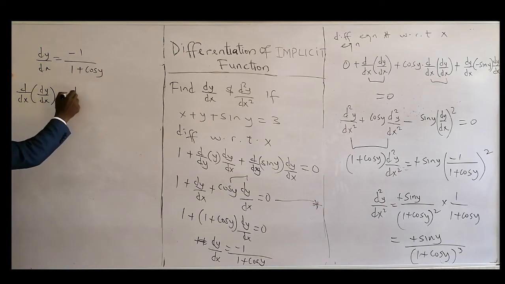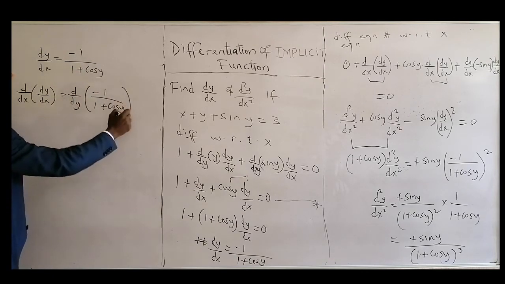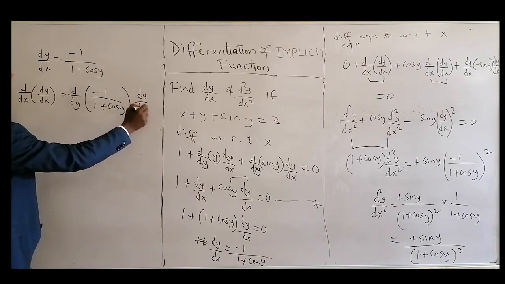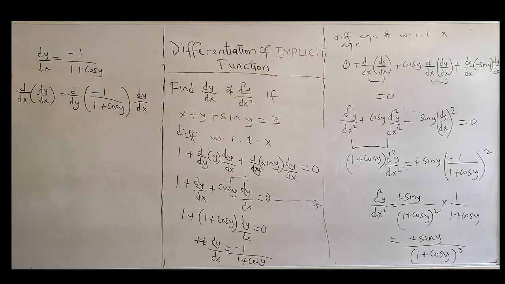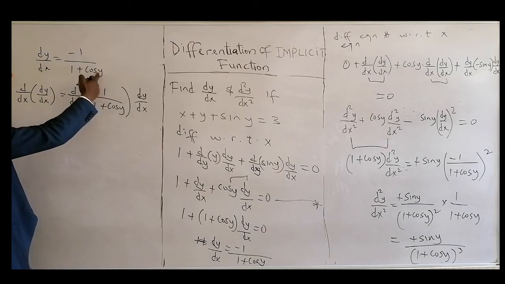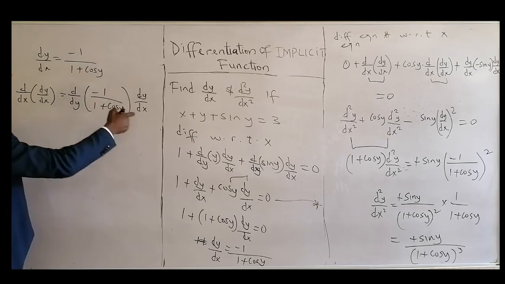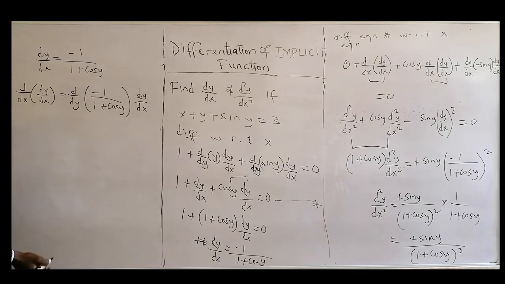So it's going to be d/dy of that function, and then times dy/dx. This is y, so you first of all differentiate with respect to y, and then finally you put your dy/dx by the side.